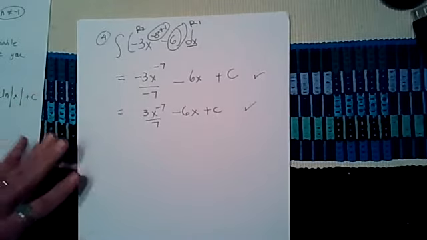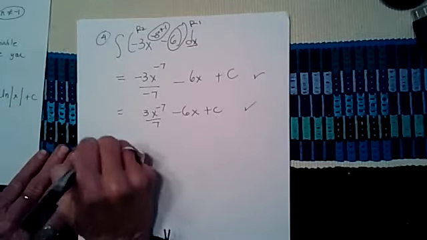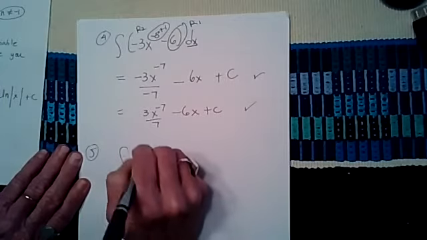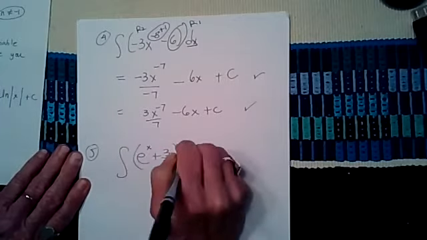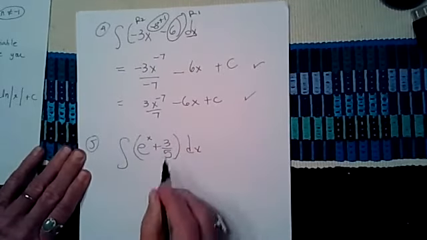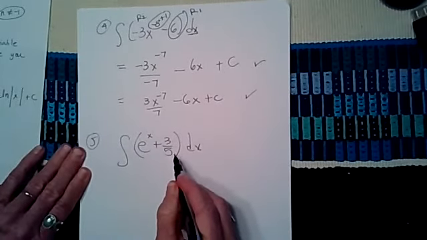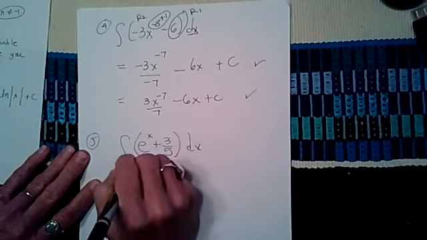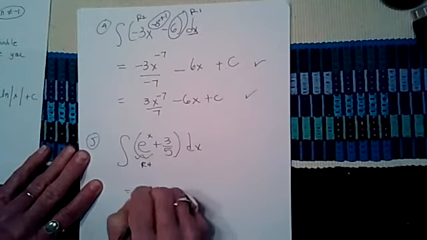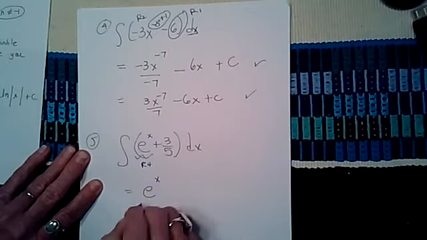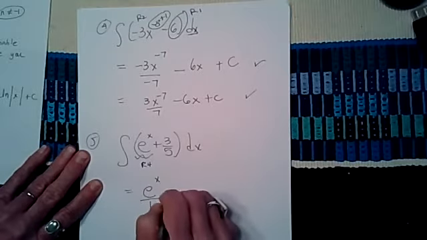Okay, question number 5 is the integral of e to the x plus 3/5 dx. So I don't have to rewrite. This is a fraction, but there's no variable in the denominator. So this is rule 4, always with the e's. It's just going to be e to the 1x divided by 1, right?